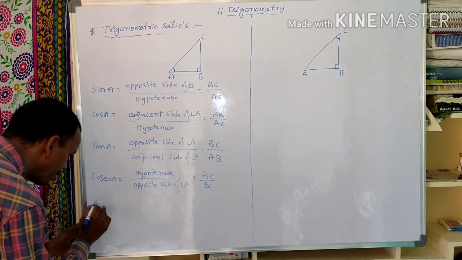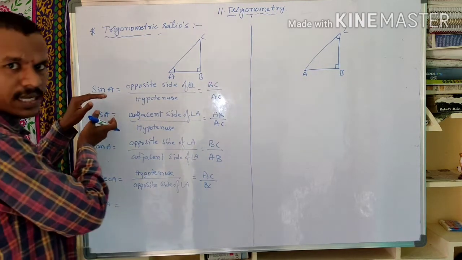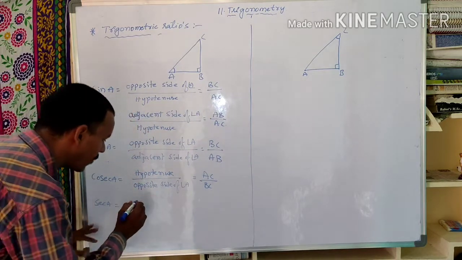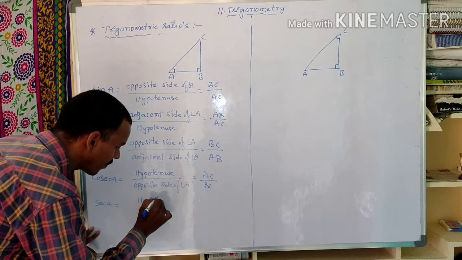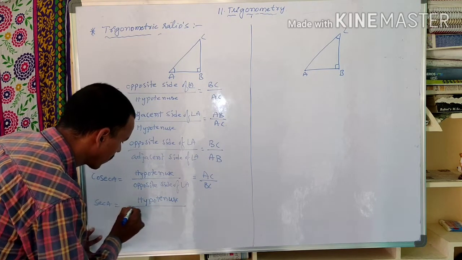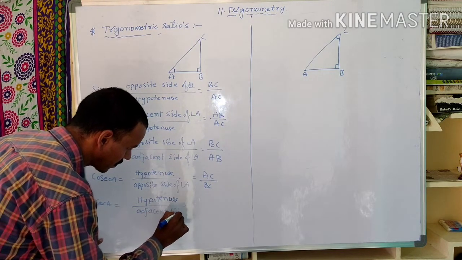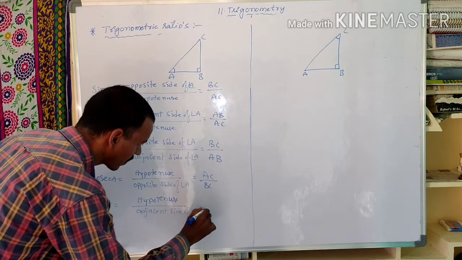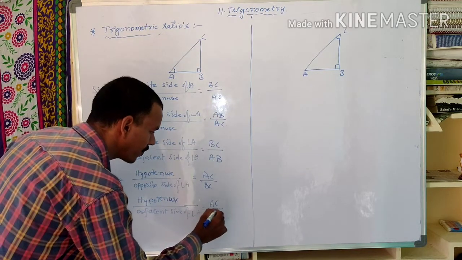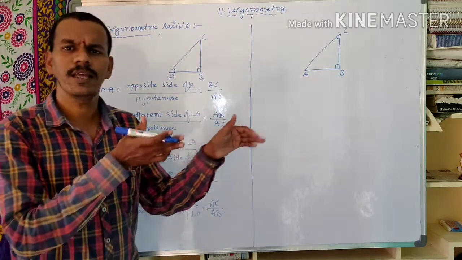Next, sec A means the multiplicative inverse of cos A, so hypotenuse by adjacent side, which is AC by AB, the reverse of cos.